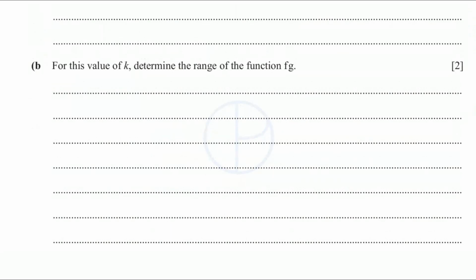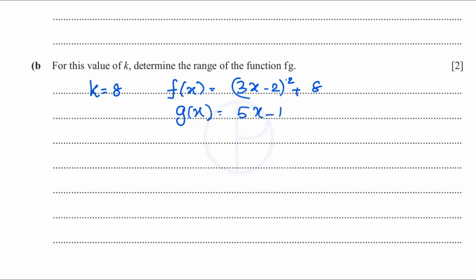The next part of the question is, for this value of k, determine the range of the function fg. So k is 8. So f of x will be (3x minus 2) the whole squared plus 8, and g of x is 5x minus 1. And what is fg of x?